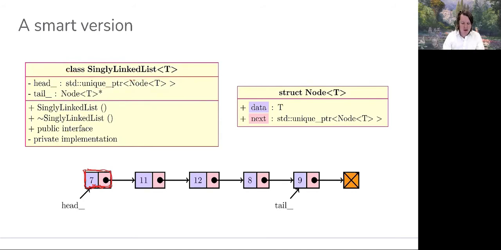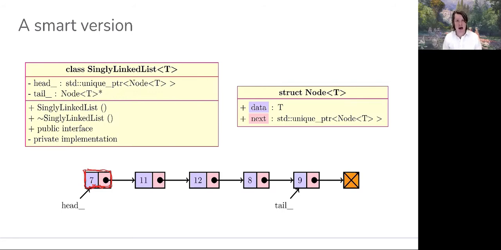Okay, well, how does the destruction process begin? Remember, with these smart pointers, we're not going to need to explicitly define a destruction process to clear out or terminate the end of the linked list to avoid memory leaks at the end of an object of this type's lifetime.